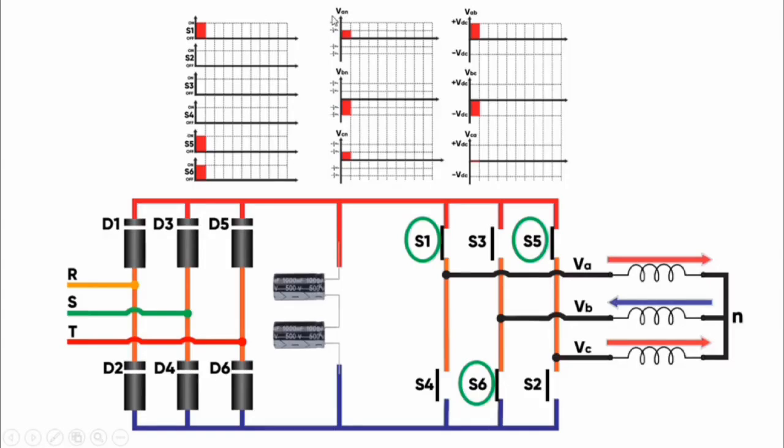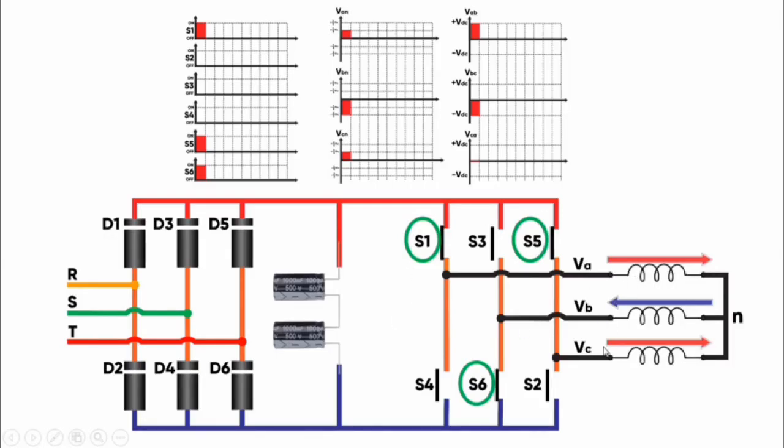The next diagram shows us the values of VAN, VBN, and VCN. Each is the potential difference that occurs between two points. If switches S1 and S6 are closed, a potential difference is created between these 2 points, which is equal to 1/3 of our DC voltage.